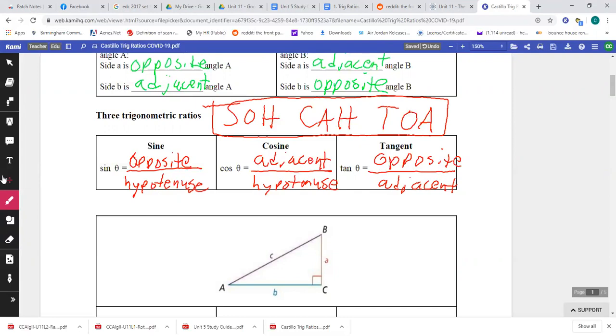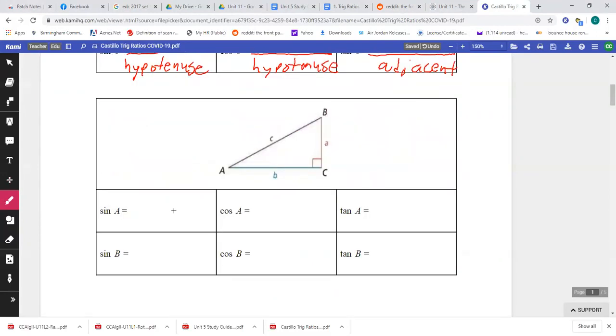So let's just do a little practice with this. I have a triangle here. So let's remember Sohcahtoa. The first question asks for sine of A. Whenever you do any of these trig questions, always identify your hypotenuse first.